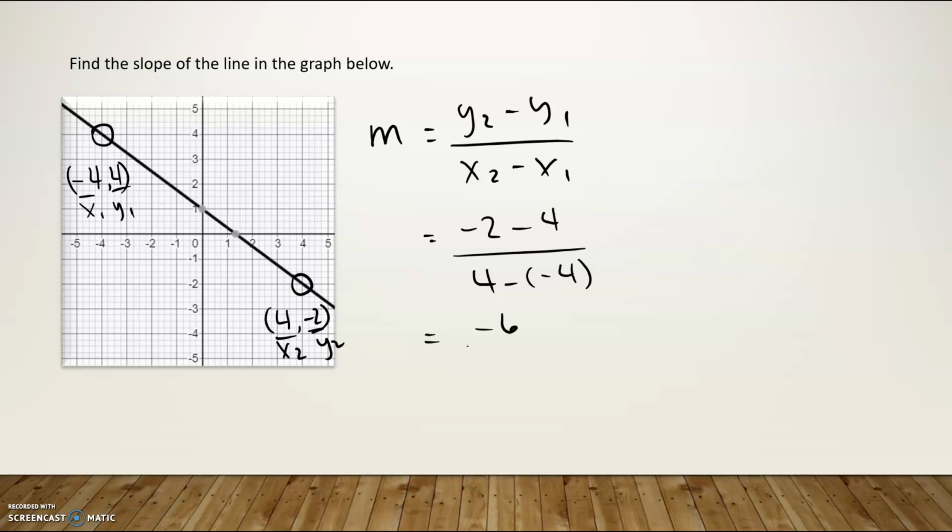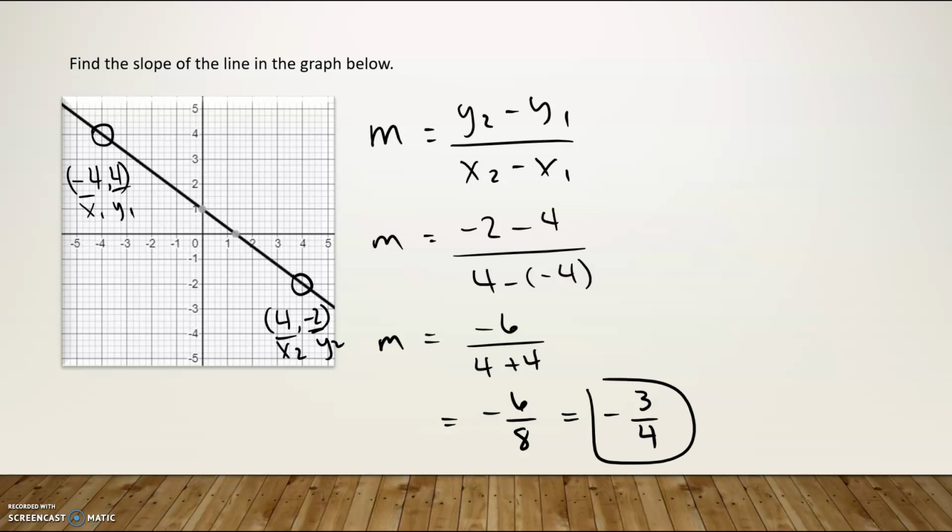So negative 6 over, this is 4 plus 4, so negative 6 over 8. Now it looks like I can take out a 2 from both of those, and I'm left with negative 3 over 4. Now, should this be a negative slope? Well, looking at our graph, it is decreasing, so yes, it should be a negative slope.